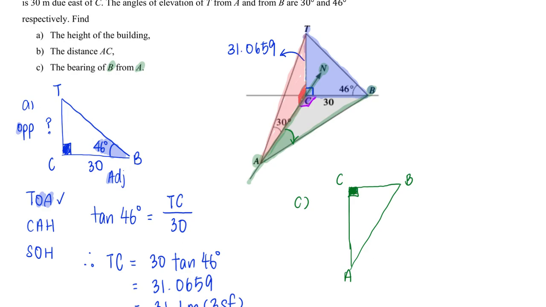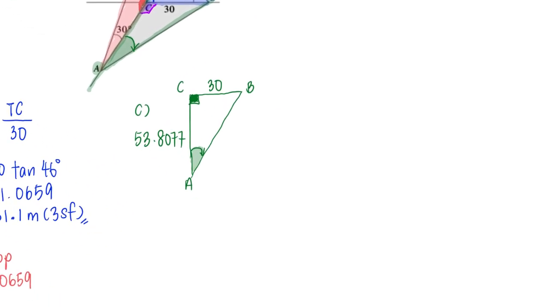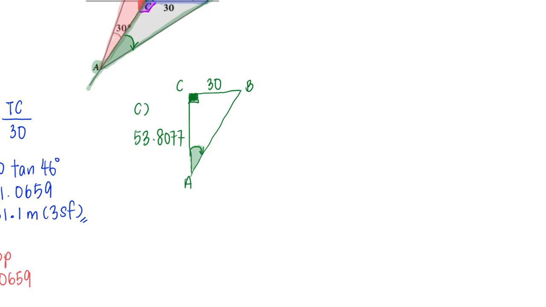We have 30, and we just found the length AC. AC is 53.8077, and we are required to find this particular angle. Therefore, we can again tap on our knowledge of Tuakaso to solve this problem.